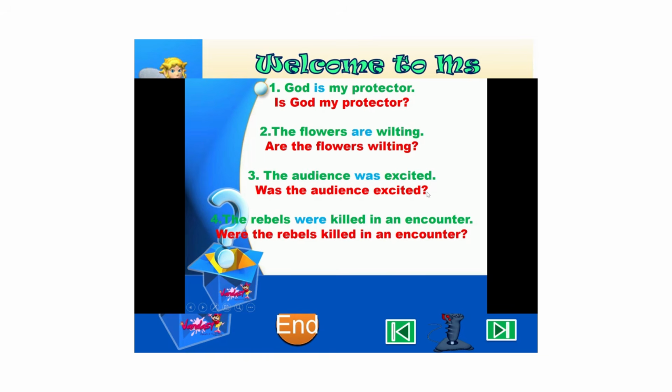Question mark. If I were to add a question tag, I will say, wasn't it? The last one, the rebels were killed in an encounter. Now the question will be, were the rebels killed in an encounter? You start with the what? With the auxiliary verb. But if I were to add a question tag, I will say, weren't they?